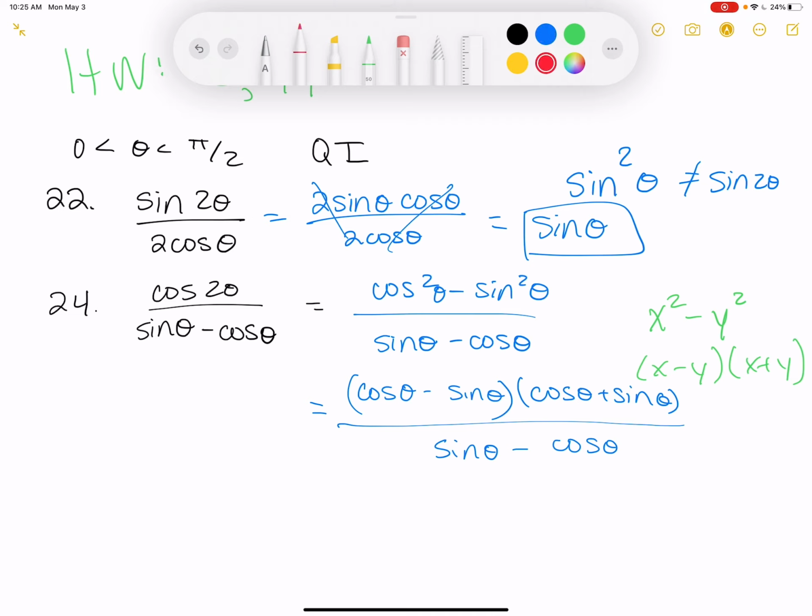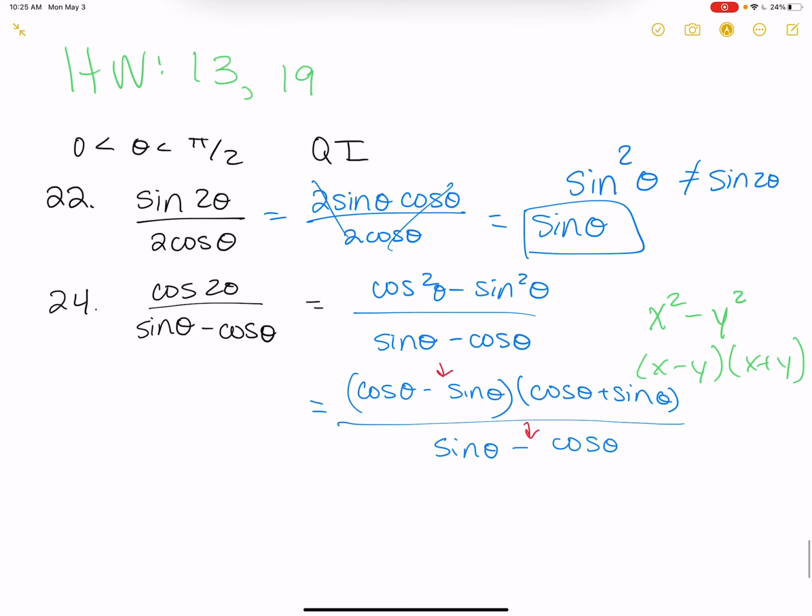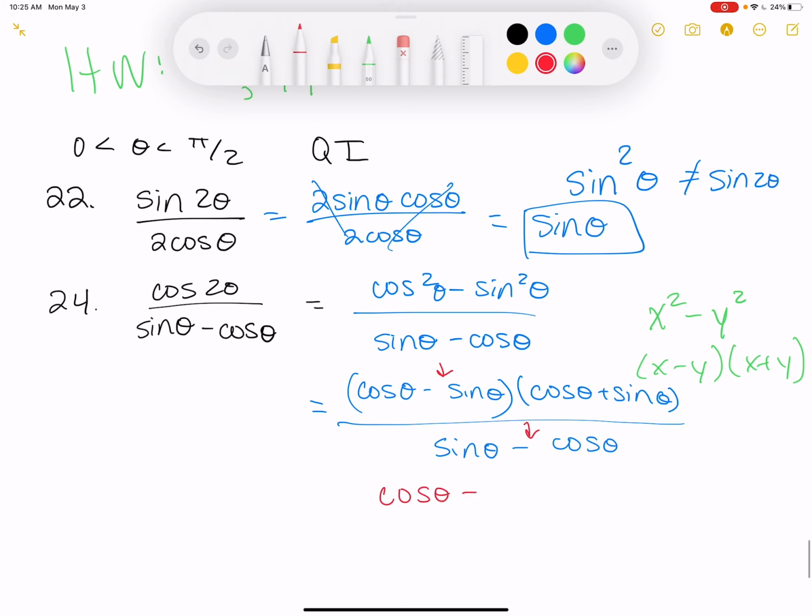Okay? This piece here and this piece here both have negative signs, but it's on the opposite trig functions. So on the bottom one, I'm going to pull out a negative sign. So the bottom is going to be rewritten, okay, I'm going to rewrite the top.